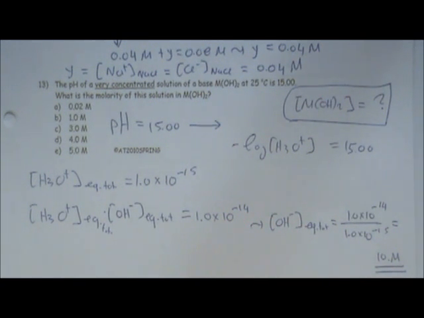So we know the concentration of the hydroxide ions in equilibrium, total. Why do we say total? Because we have hydroxide ions from the water, and also from the base. Is that right?